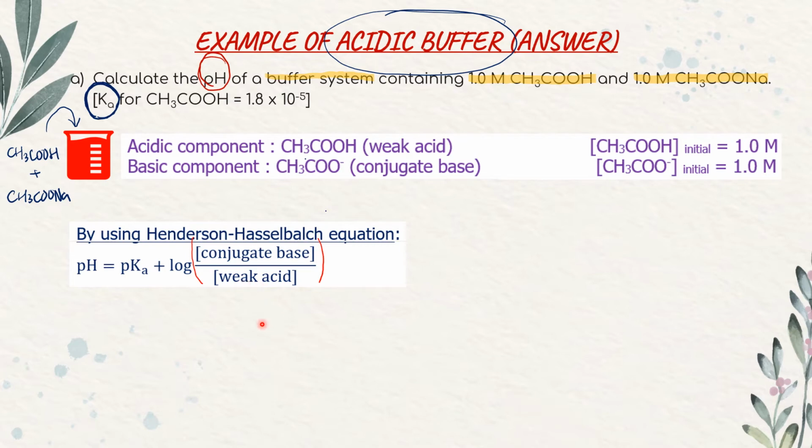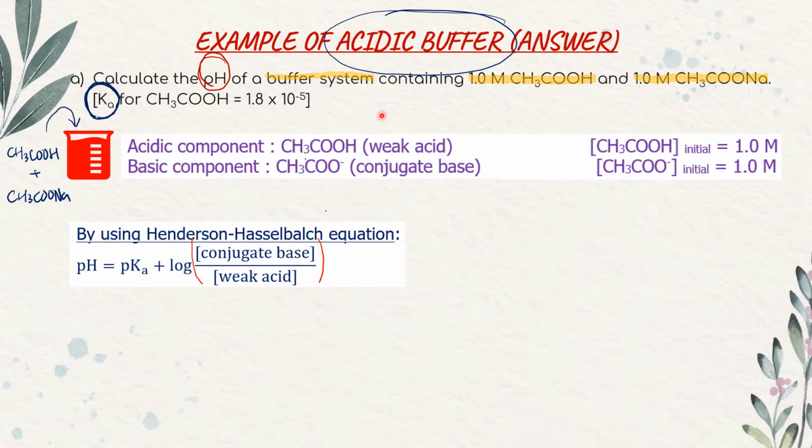Okay, kalau exam bertulis, in the written exam, you need to substitute. Okay, apa yang awak kena substitute? What is the conjugate base? What is the weak acid? Okay, so substitute dengan species yang sebenar.